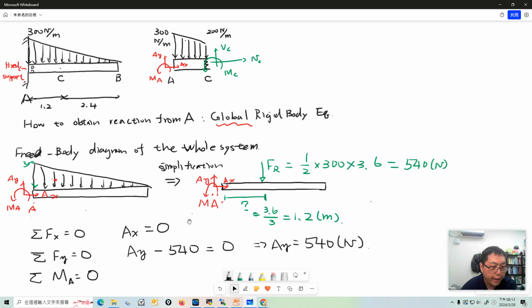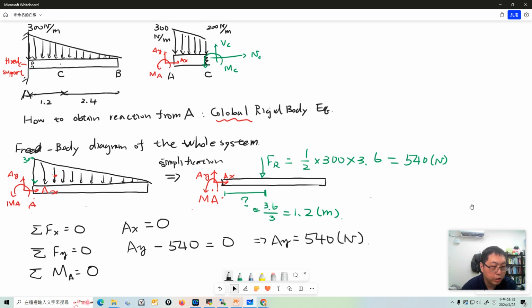The total moment at A is equal to zero. At A we still have a reaction moment, so we have to write this moment out. Ax and Ay are acting at point A, so they won't create any moment if you use A as the reference point. But point A has a reaction moment, so you still have to write it out.